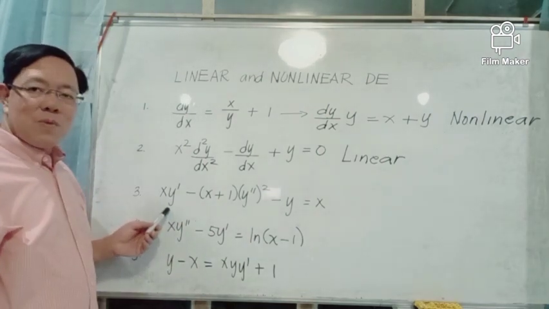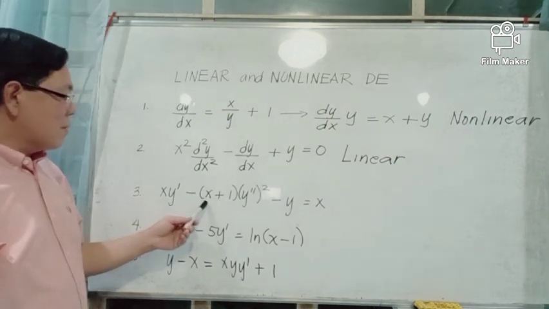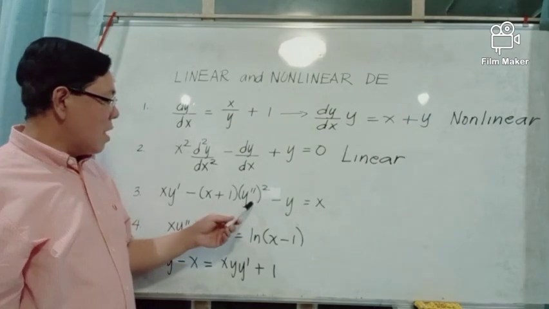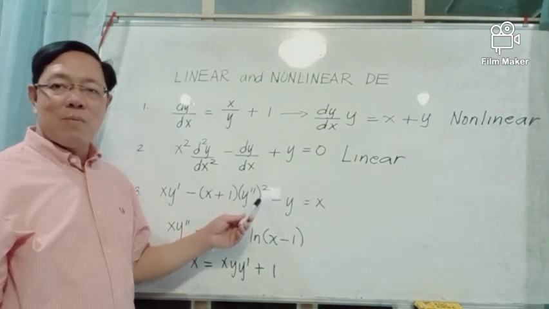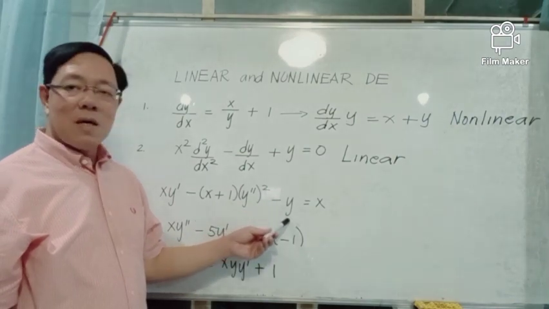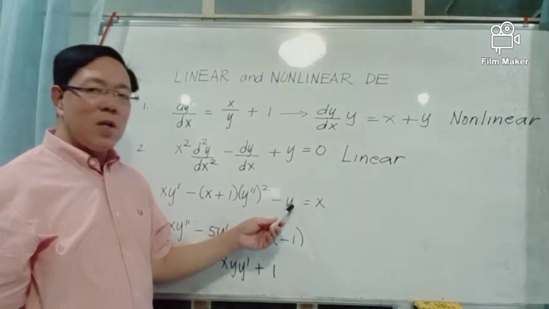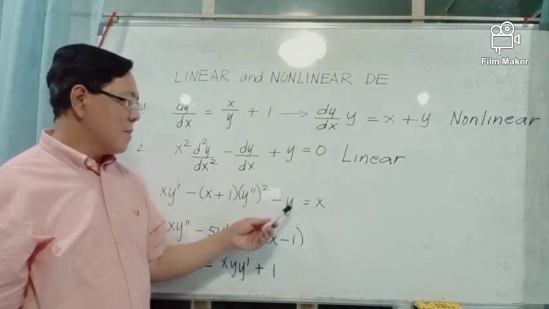In the first term, the exponent of y prime is 1. In the second term, the exponent of the second derivative of y, y double prime, is 2. In the last term, at the left-hand side of this differential equation, the exponent of y is 1.